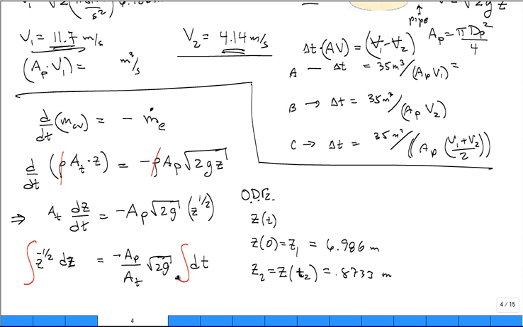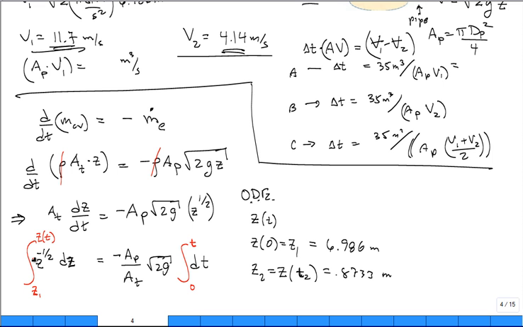I'll integrate from time 0 to the time when the tank has reached that level. I can leave it as unknown future time, that's fine. And we'll go from the initial level z1 or z0, whatever symbol you want, to z at that future time.